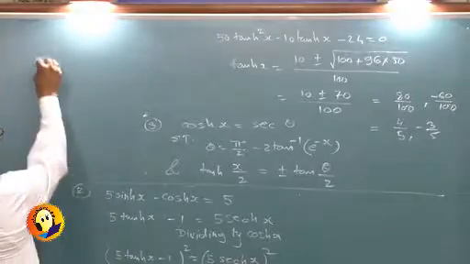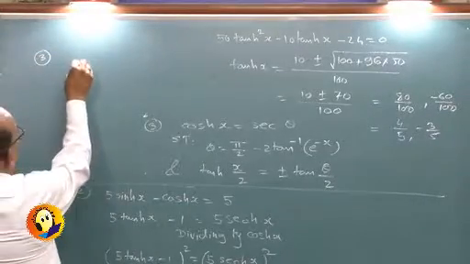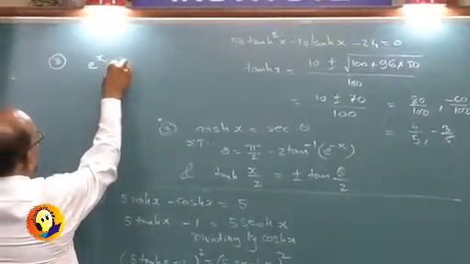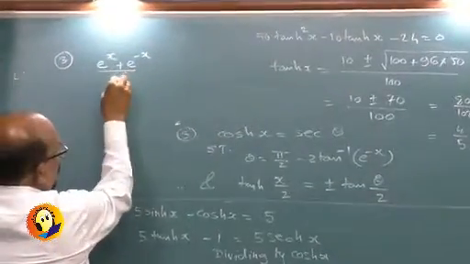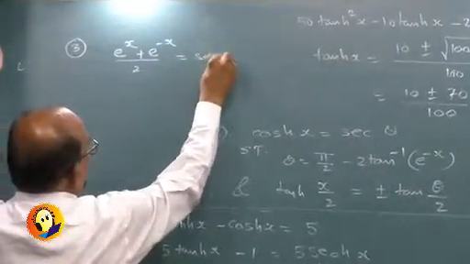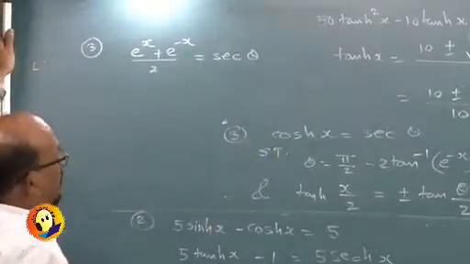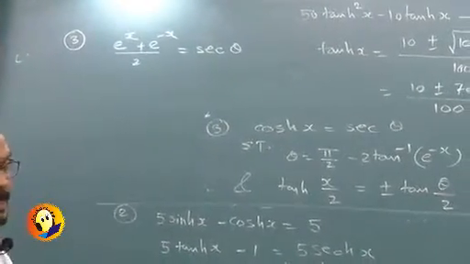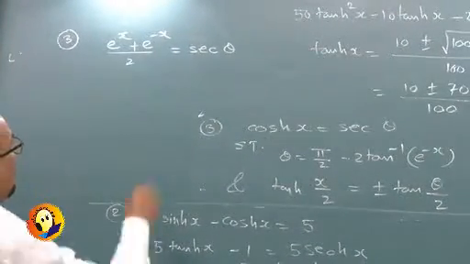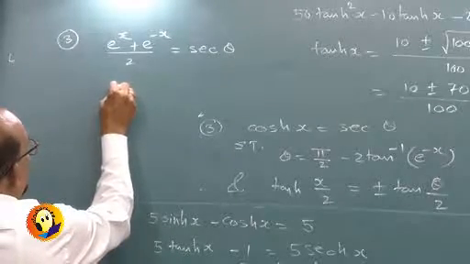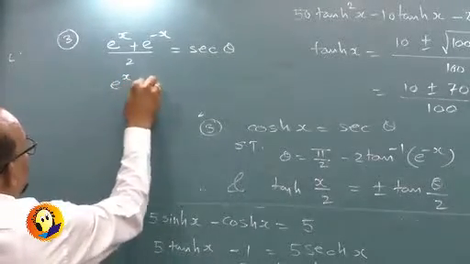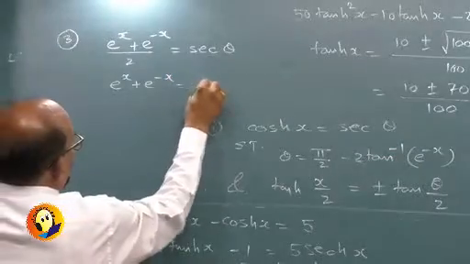And for problem number 3, we started with e raised to x plus e raised to minus x upon 2 equal to sec theta. And then e raised to x plus e raised to minus x equal to 2 sec theta.